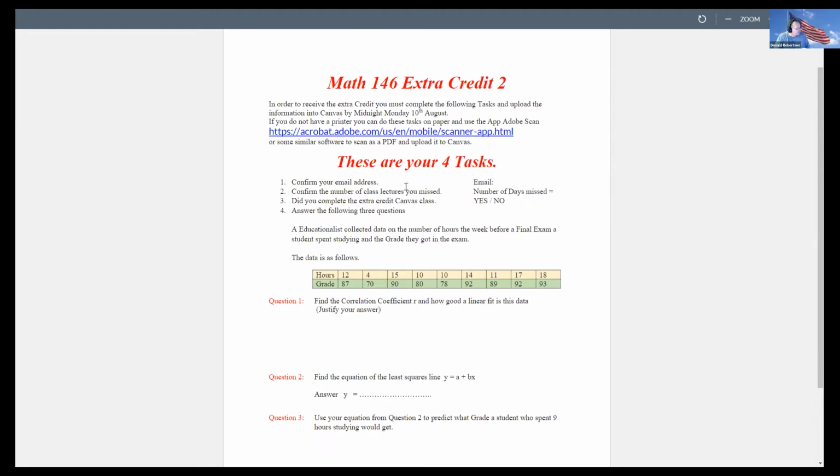Now, confirm the number of class lectures you missed. So you write down how many days you've missed. I don't need to know what the dates are, but we're talking from week 1 till today, because this is the last day we were counting, right? And you're going to put 2 or 3 or 1 or none. We're going to probably disagree. I have my number and you have yours. And I'm going to err on the side that I make mistakes.